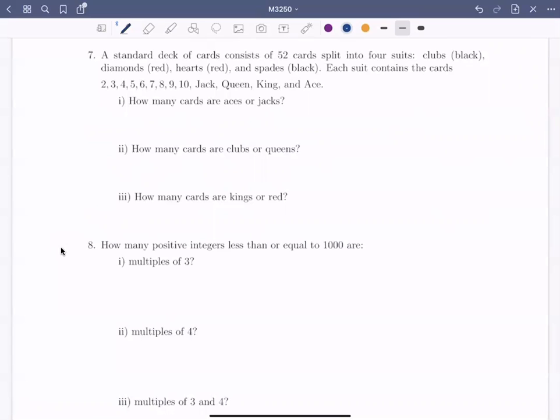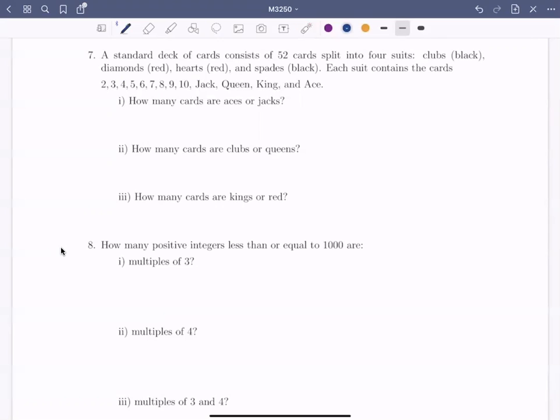The diamonds and the hearts are red. Each suit also has 13 denominations: 2 through 10, plus a jack, queen, king, and an ace. Typically, the jack, queen, and king are called face cards. The ace is not typically considered a face card. That'll be relevant for us. I'll repeat that in an example later in this chapter.